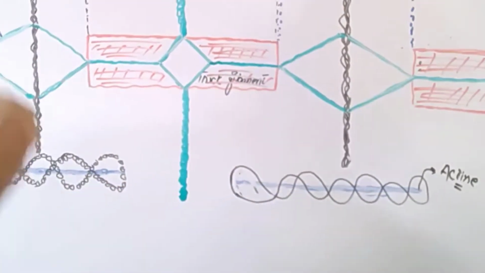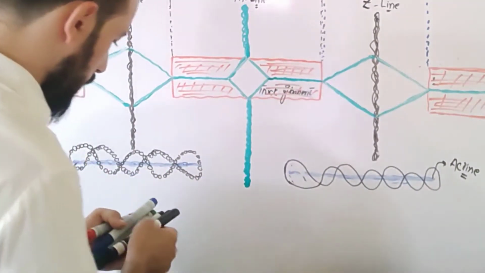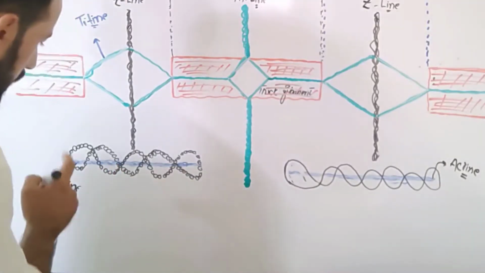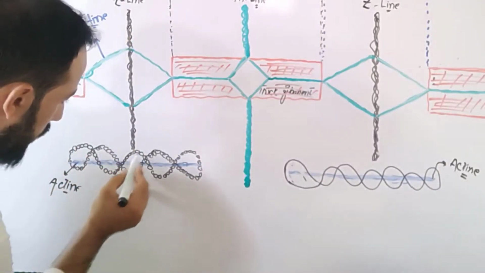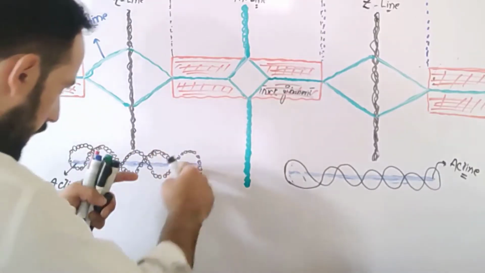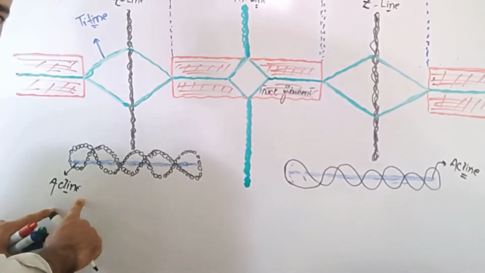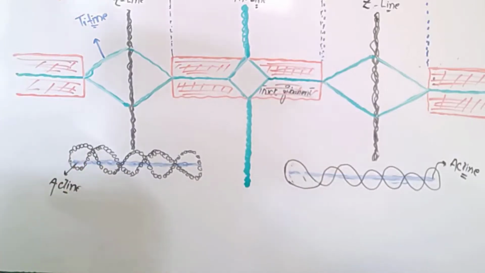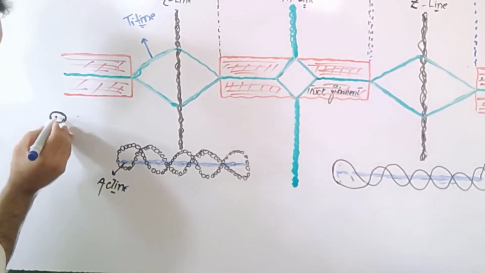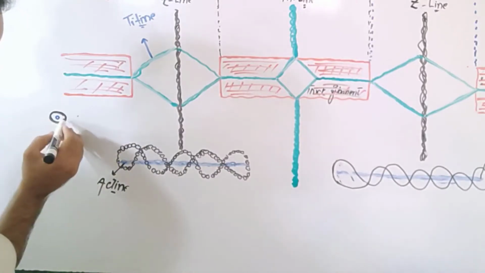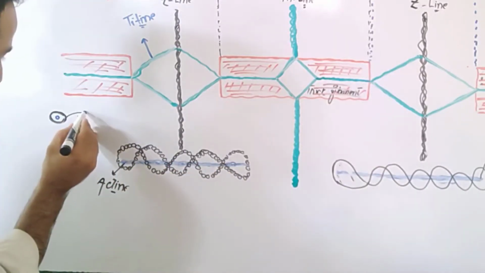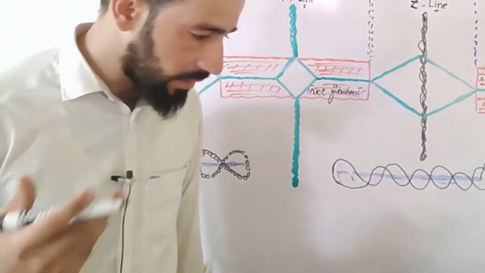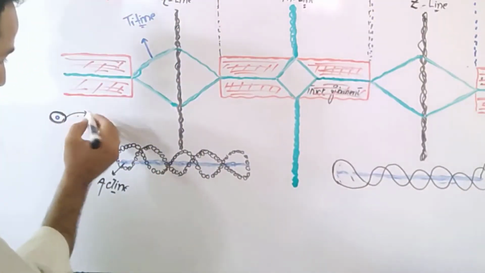Like this, right? Now look carefully at this protein which is coiled around this actin. I will take some small part of it. First of all, it is composed of a small unit like this, and in the central part of the small unit there is a hole. This small unit is called the G actin, or G protein.